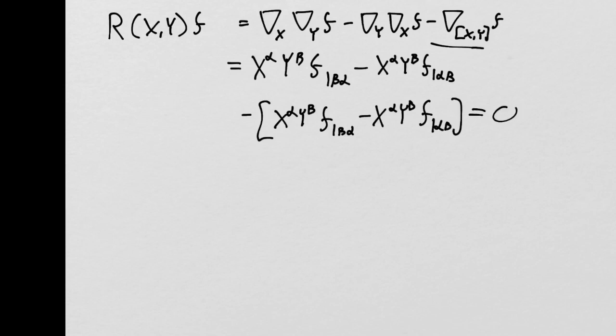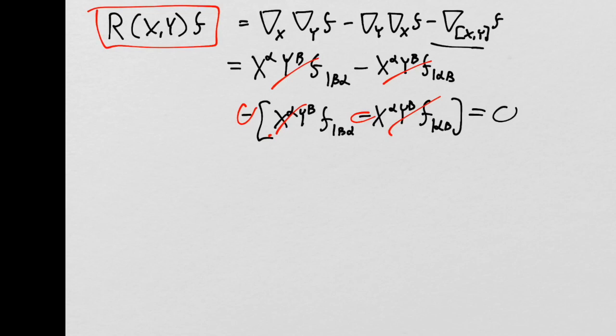And all that cancels to be 0, right? Just make sure: alpha beta, beta alpha, this guy cancels with this guy, and then this guy with the double negative cancels with that guy. So the important point is that the curvature mapping on any function is always 0.